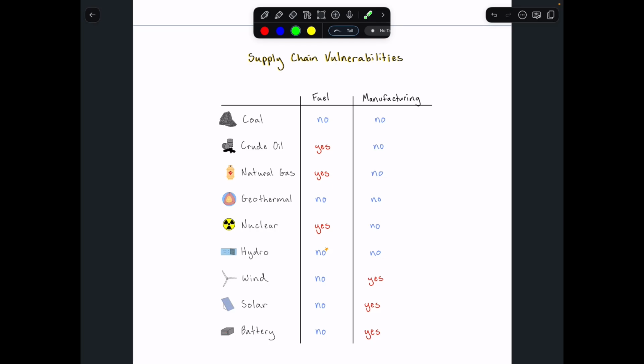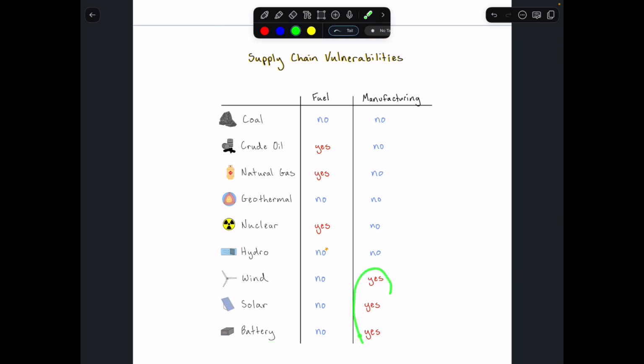And then for wind and solar and batteries, the fuel resources, or quote unquote fuel in this example, there is no fuel supply chain here. So there is no concern. But when it comes to manufacturing, there are a very small number of countries that mine the materials, refine the materials, and build out some of the components that are needed in wind, solar, and battery systems.